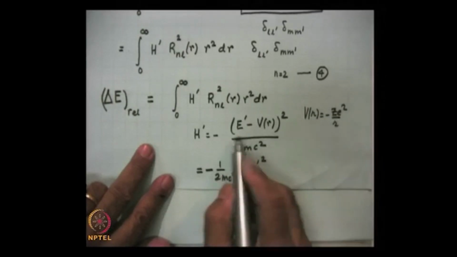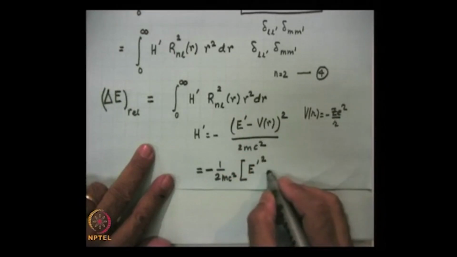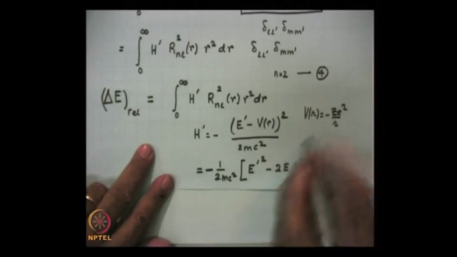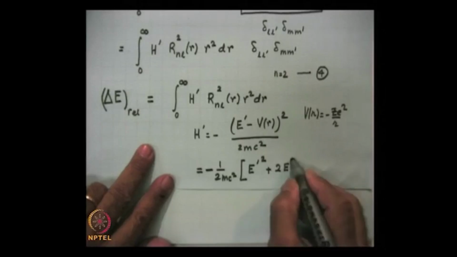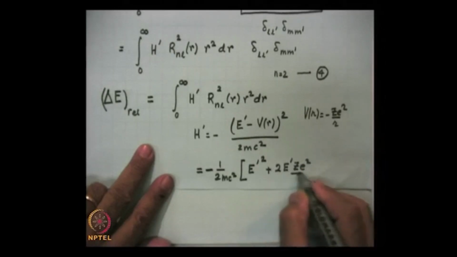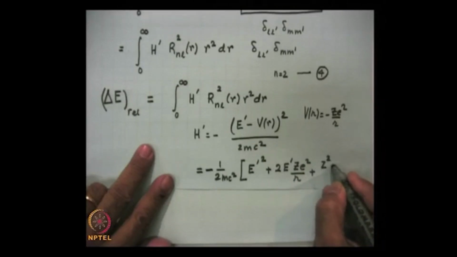So, this becomes (E prime plus Z e square by r) whole square. So, this will be E prime square plus 2 E prime Z e square by r plus Z square e to the power 4 by r square.